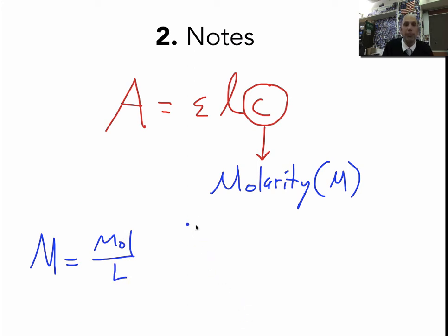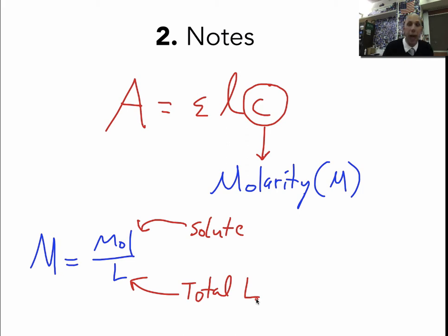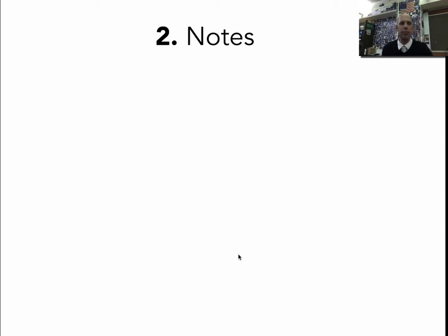But it's not just moles divided by liters. It's the moles of the solute particles, what you're putting in there, divided by the total volume of the solution. That's the volume of the water, since we're talking about aqueous solutions, plus the space that these solute particles are occupying as well. So let's look at how we speak this, because there's a certain way of talking about it.